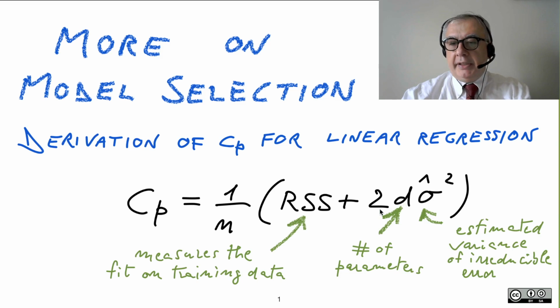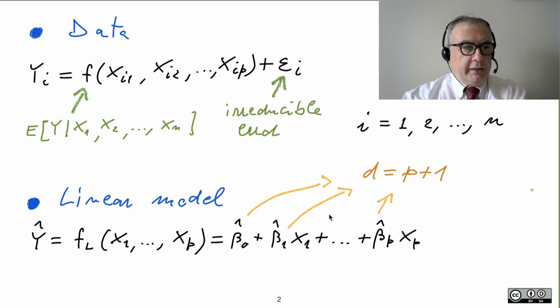Instead, you are increasing this part, and therefore CP is going to increase. And the idea is that in an ideal situation, CP would have the typical U-shaped form. So there is a minimum, and that minimum helps you selecting the best model.